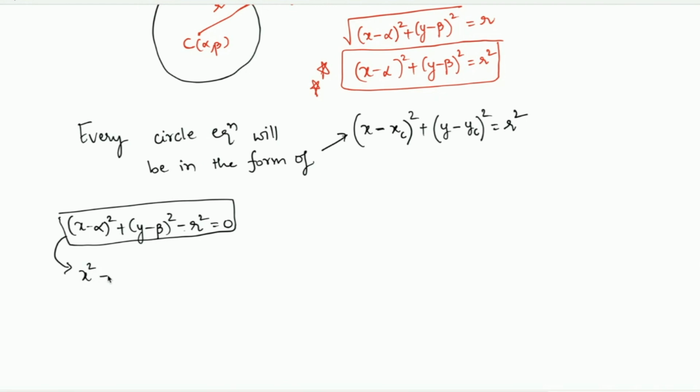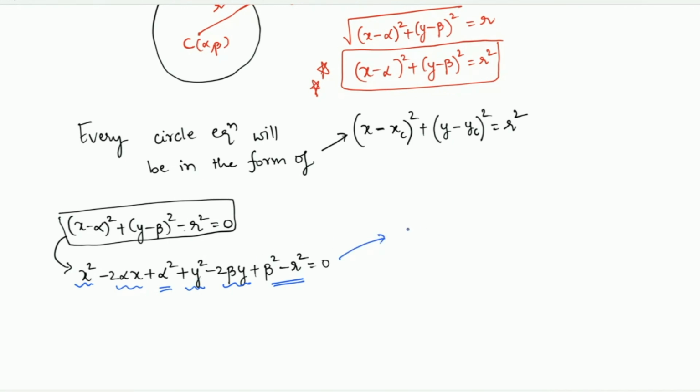I get x square minus 2 alpha x plus alpha square plus y square minus 2 beta y plus beta square minus r square is equal to 0. So I have an x square term, a y square term, an x term, a y term, and some constant term, since alpha, beta, r are all constants.